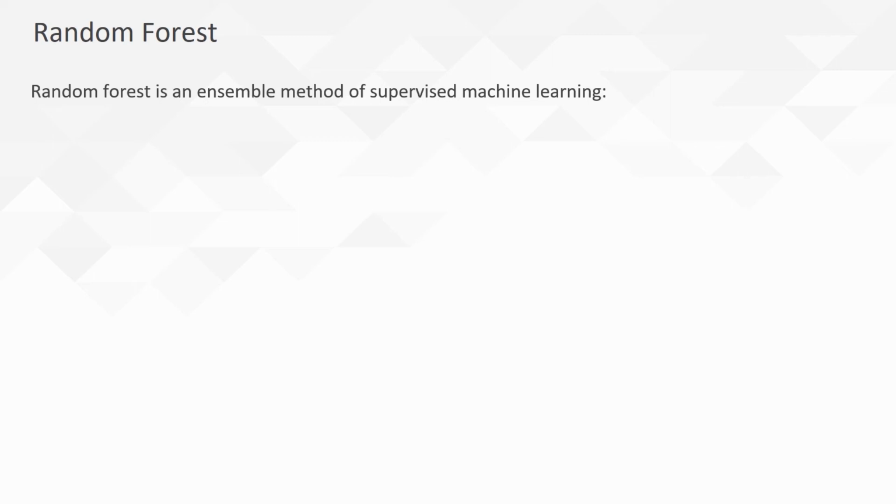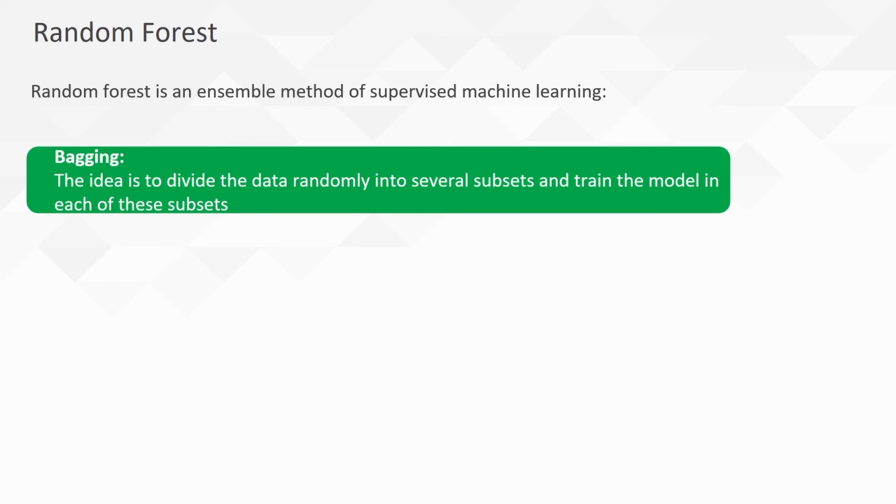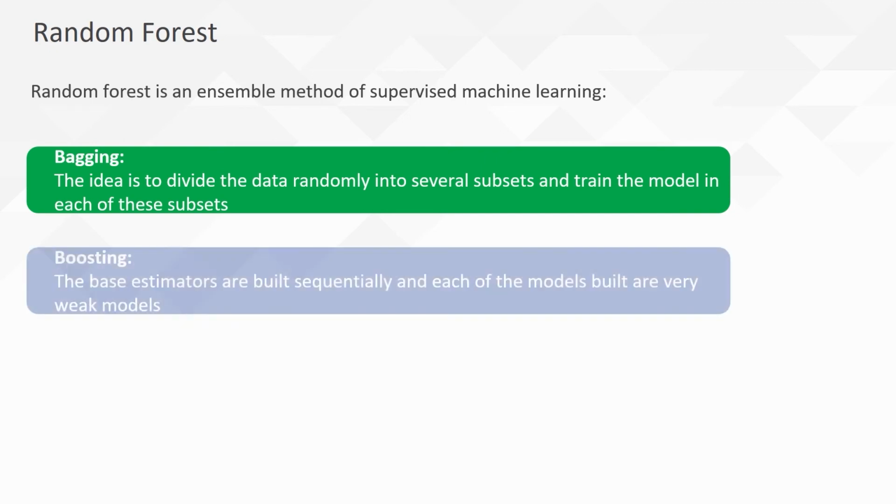Ensemble methods are divided into the following two types. Bagging: the data is randomly divided into several subsets, and the model is trained over each of these subsets. Several estimators are built independently from each other, and then the predictions are averaged together, which ultimately helps to reduce variance, which is overfitting.